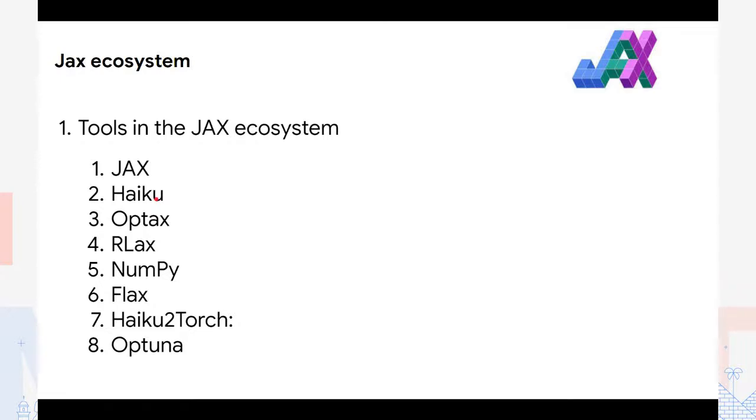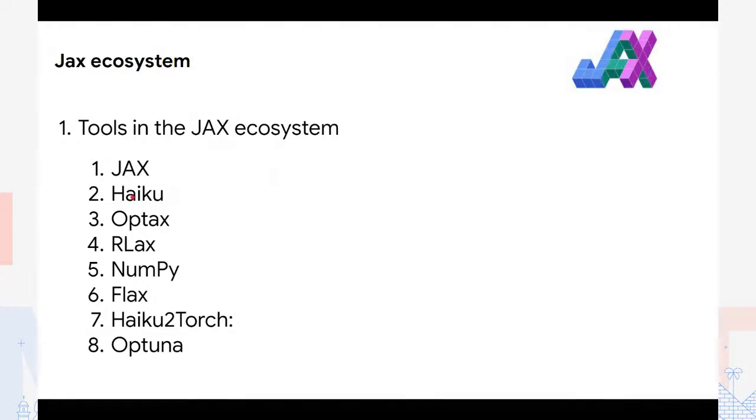If you were following between the last session and this session, so far what we did in the coding part with JAX was only some mathematical computations, but we mentioned that we can use JAX to build a neural network. How can we do that? Thanks to one of the tools provided in its ecosystem, which is Haiku.